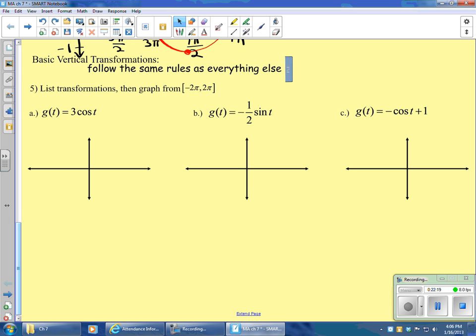So on all these, I'm going to be marking from -2 pi to 2 pi. So first thing I'm going to do on every one of these is get my increments. Now, I'm not going to mark 1 over 2 pi and 3 over 2 pi just because it starts to get really crowded. And again, I'm going to do this on all the graphs.